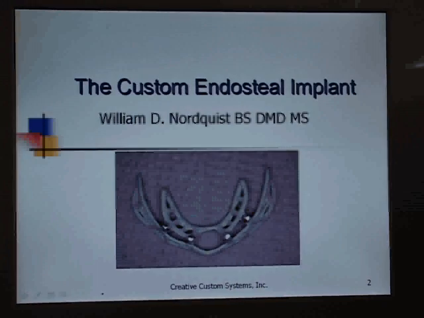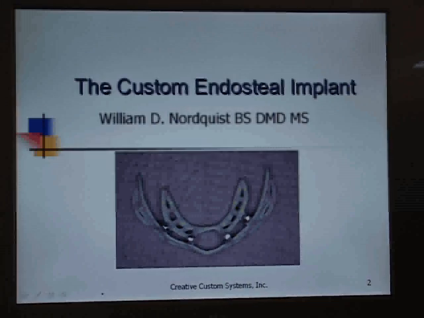The subperiosteal implant indicates that you're placing the implant on bone and then putting the periosteum over it, and so it truly is a subperiosteal, whereas with the custom endosteal implant, given the augmentation, the way the tissue is treated and the eventual integration, a custom endosteal, since the implant is actually in bone, became more appropriate.